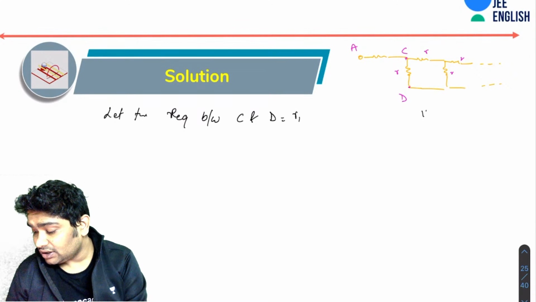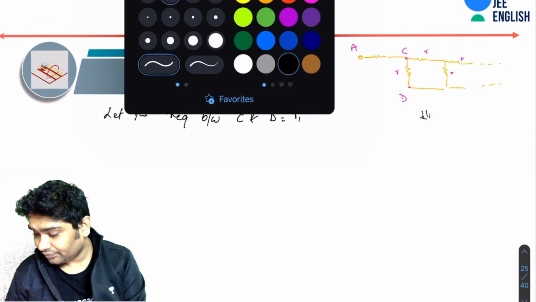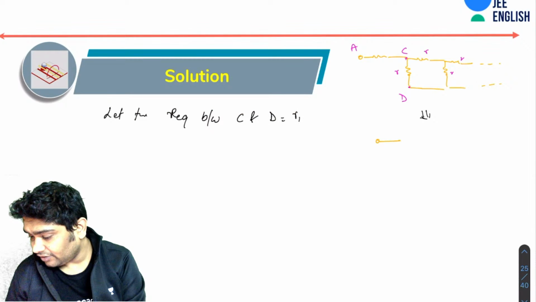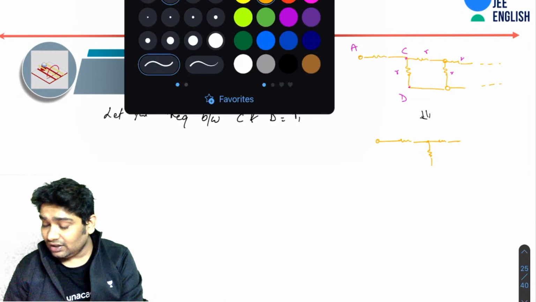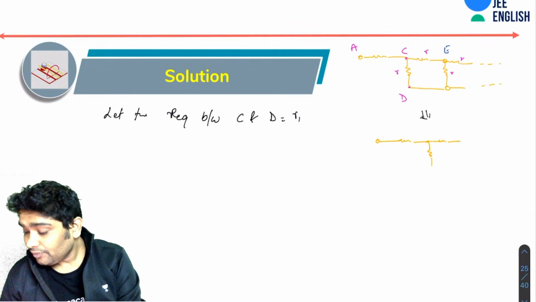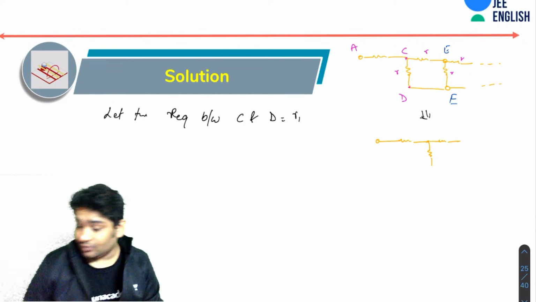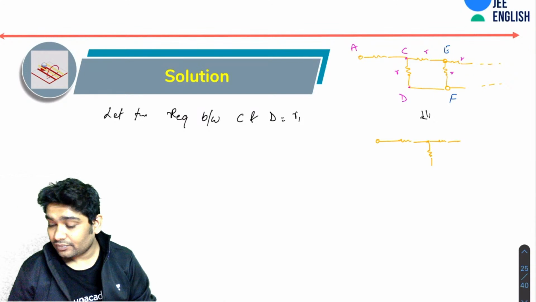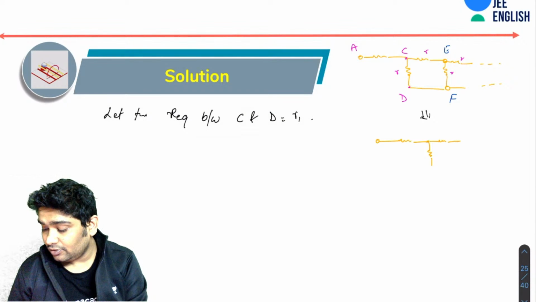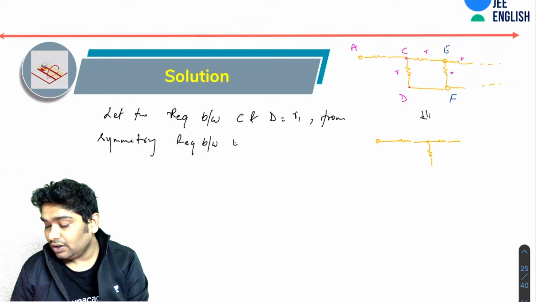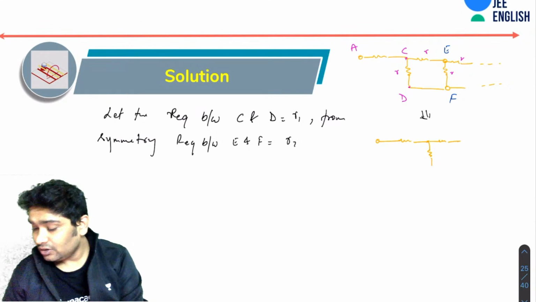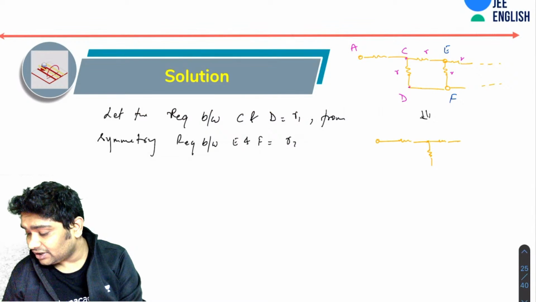So I can redraw this and say that I could have had this circuit with R, this, and here again, between these two points also, the equivalent resistance would have been R only, between E and F. From symmetry, from infinite symmetry, R equivalent between E and F is also equal to R1. So that is a standard approach of solving these infinite ladder problems.